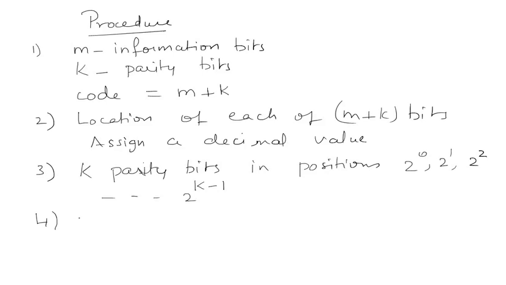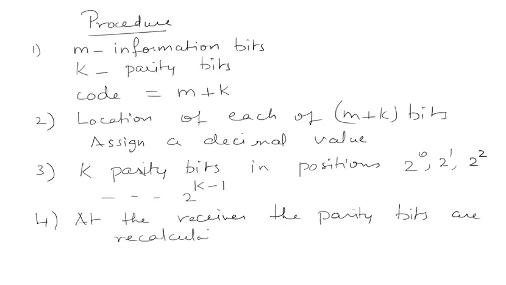After inserting the parity bits, the next step is that at the receiver the parity bits are recalculated. The last step: the decimal value of the k parity bits provides the bit position in error.